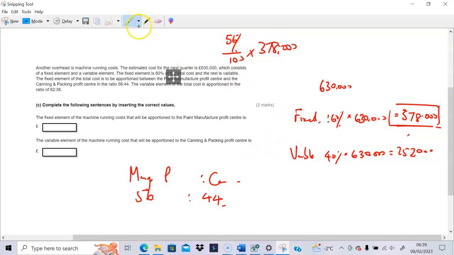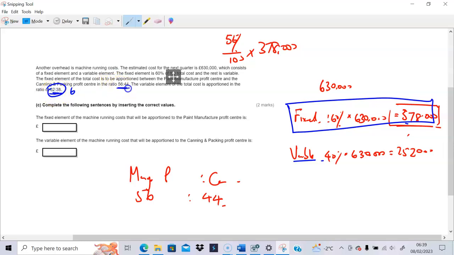I'm sure you can see what they're talking about here. That's the fixed, that's the variable. Then take this and resplit it in the ratio, and then resplit the variable in the ratio 62 to 38. That's really a percentage again. These two things add to 100, these two things add to 100. So you can see what's going on.